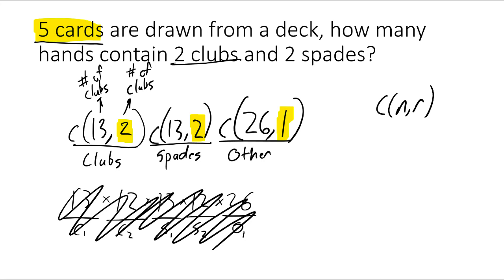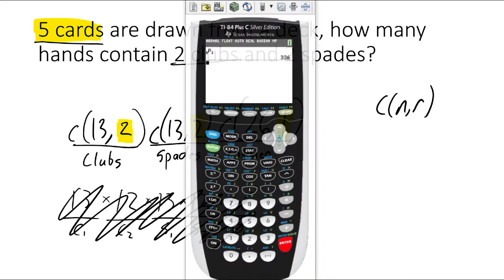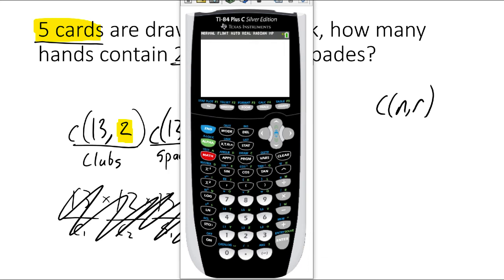All right, the multiplication principle would say that the number of ways to select these clubs, which is combination 13, 2. Well, let's calculate it. So math, over to probability, down to combination.